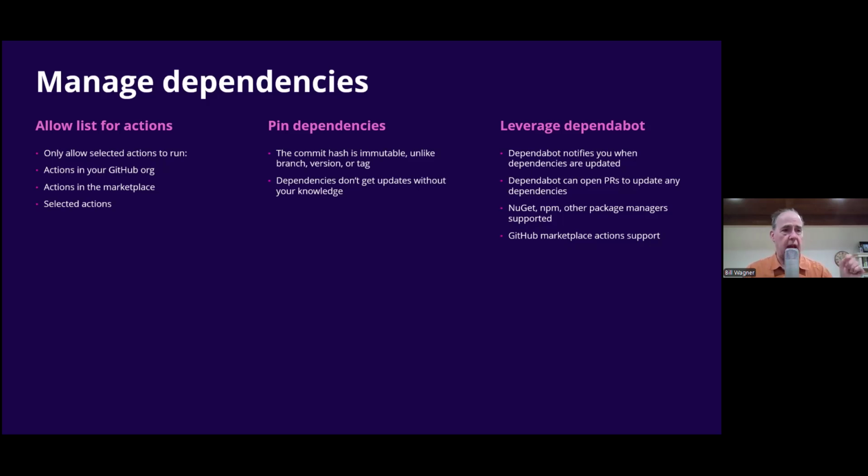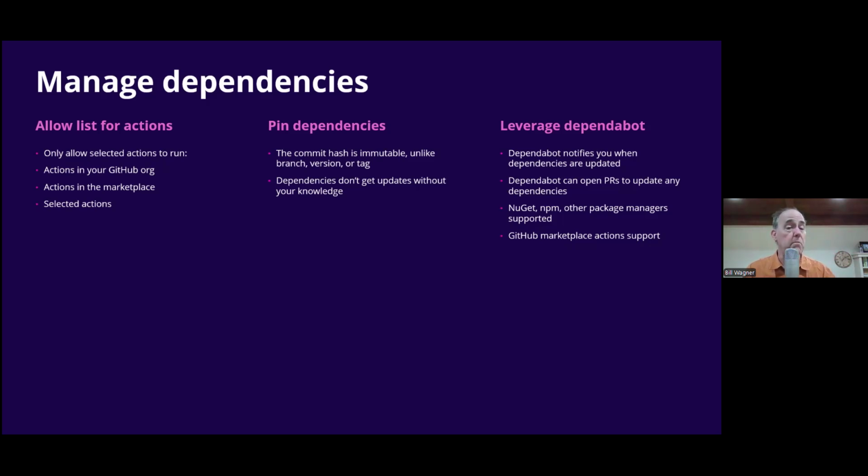We don't tag to a version or a tagged label like V1, V2.4, V7. We tag to a commit hash. Now that commit hash happens to match a version tag, but it's a hardened commit hash. If the owner of that repository deletes it, suddenly that action won't run because it's just not there.